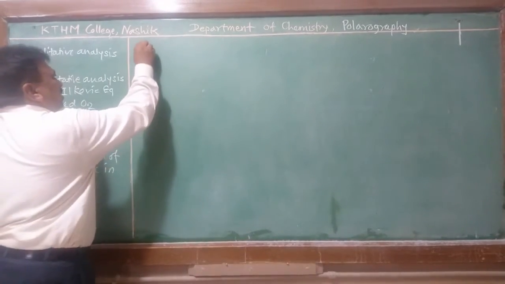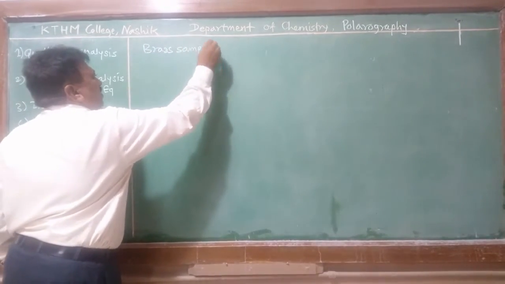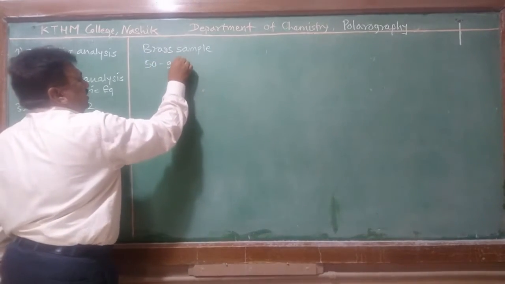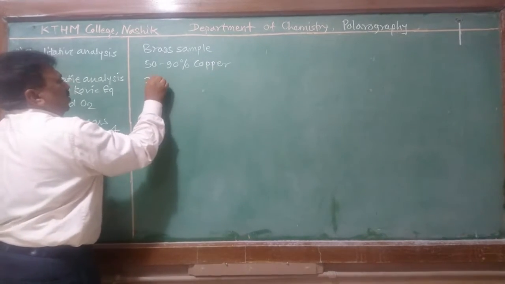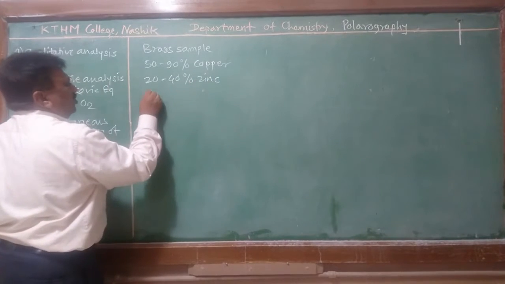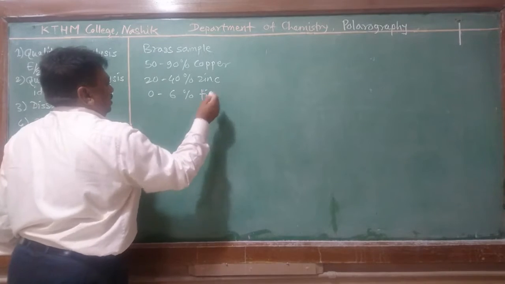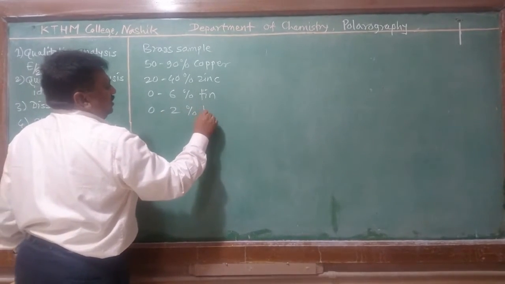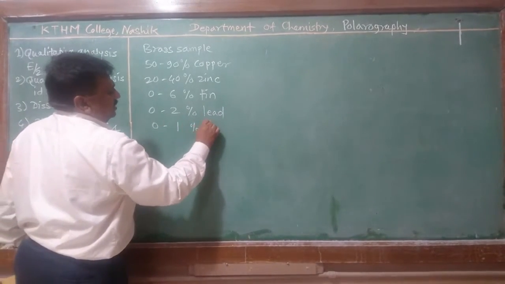Therefore, initially, a brass sample consists of 50 to 90% copper, then 20 to 40% zinc, about 0 to 6% tin, then 0 to 2% lead, and 0 to 1% iron.